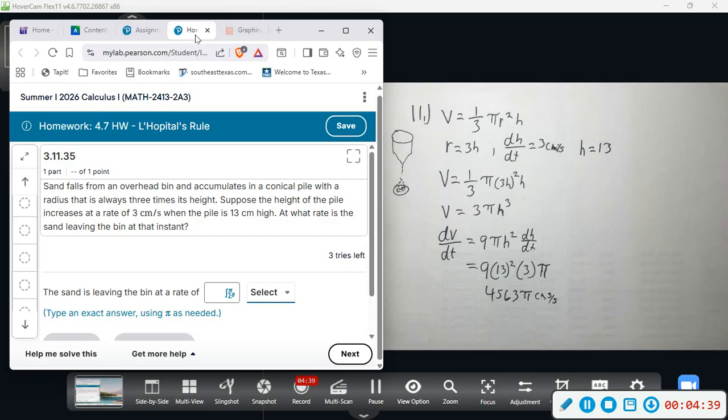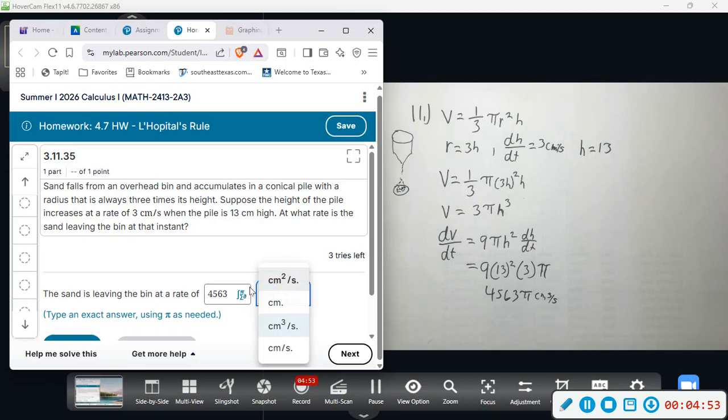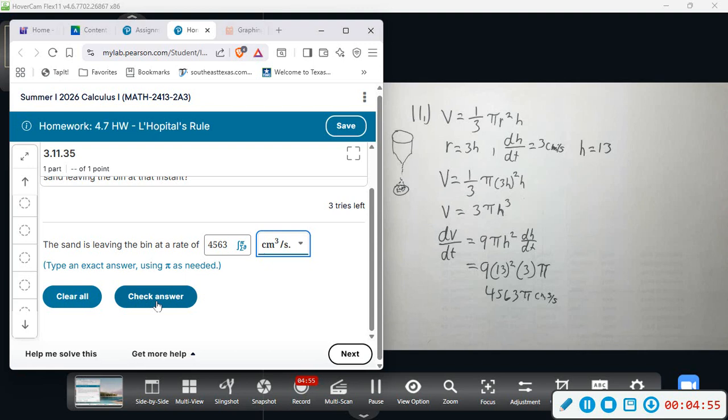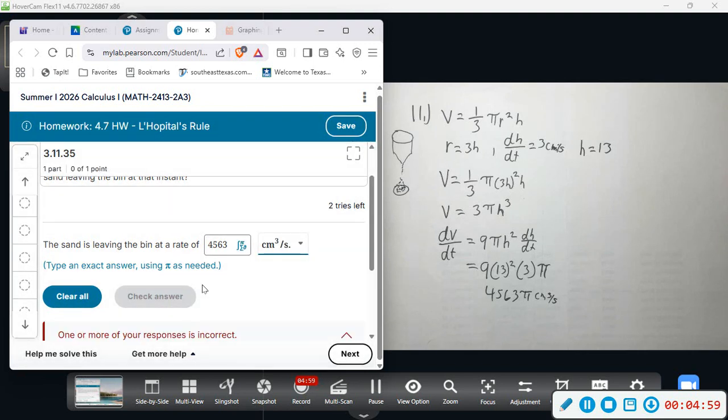And so we're going to say sand is leaving the bin at a rate of 4563 centimeters cubed per second for volume.